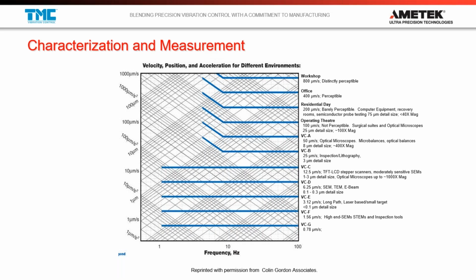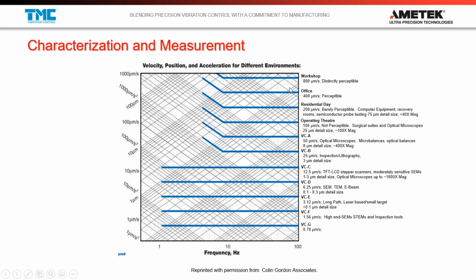And it was a little bit like the Wild West until the early 80s, when Colin Gordon Associates came up with what we call the VC curves, which is meant to be a common language for how we characterize floor vibration. They selected different levels and gave guidelines for what types of activities are good at these different vibration levels.